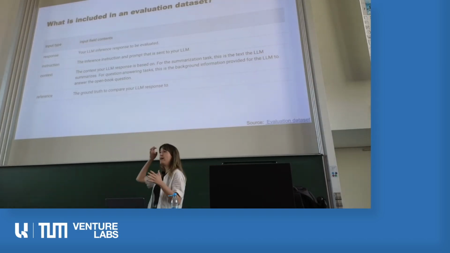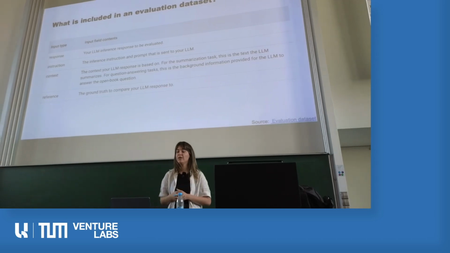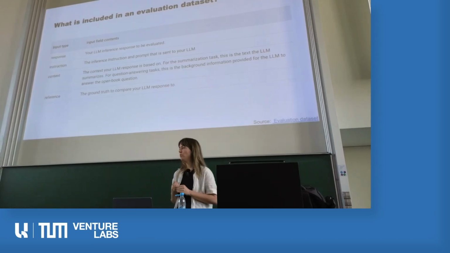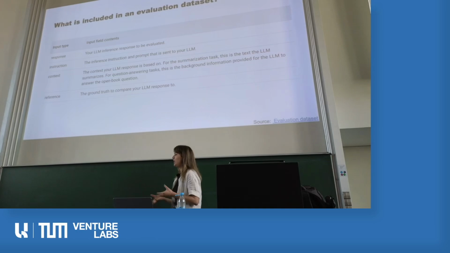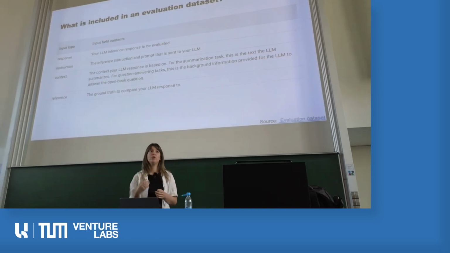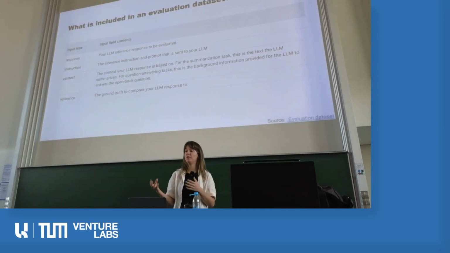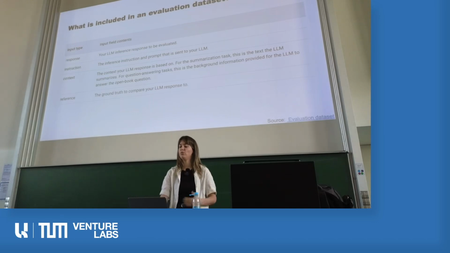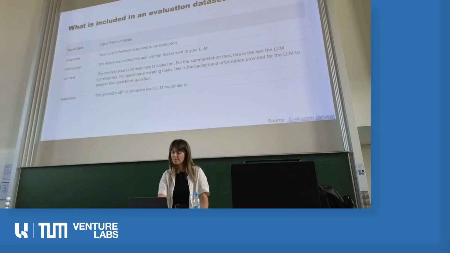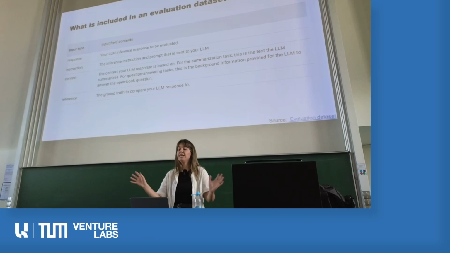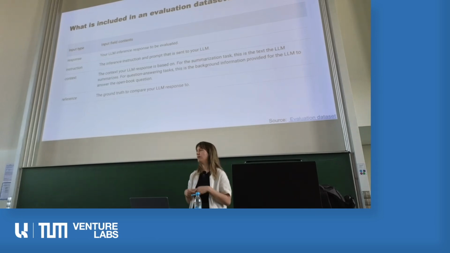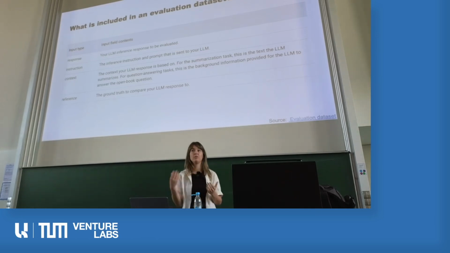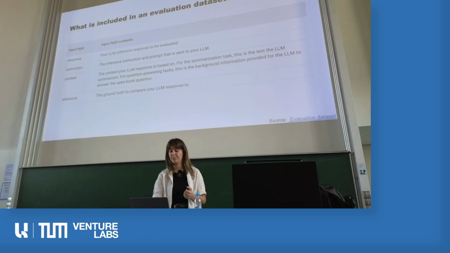It's sometimes costly to have, but if you have it, it really shows you whether the output is similar to the ground truth that you would expect. So with this, we encapsulate the idea of how to go about building evaluation data sets.